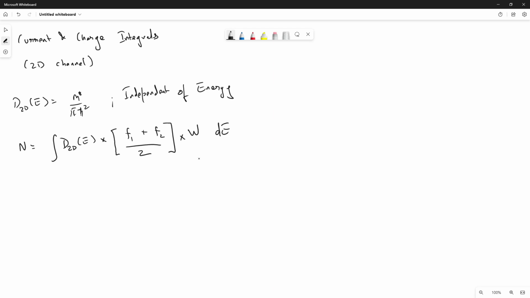Will F1 and F2 be different if VDS is 0 and source and drain are of the same material? No, sir. It's the same. So what will this quantity then become? It will just become one Fermi function.